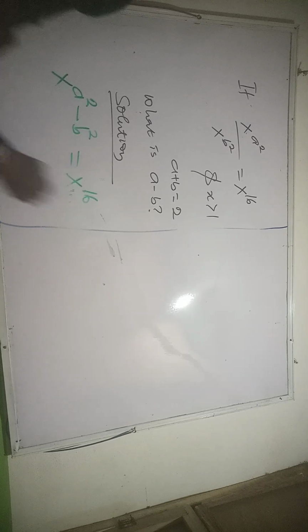Since they have the same base, we apply the law of indices. That is going to be x raised to power a raised to power 2 minus b raised to power 2, all equal to x raised to power 16. Now they have the same base on both the left and right hand sides, then we equate the indices.